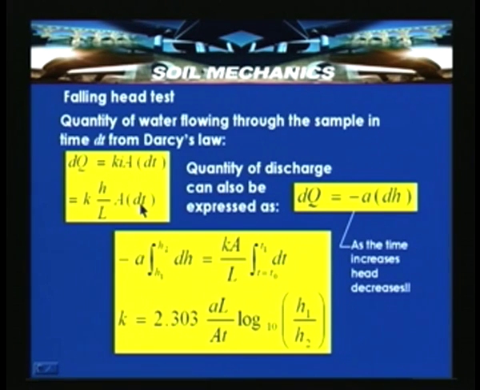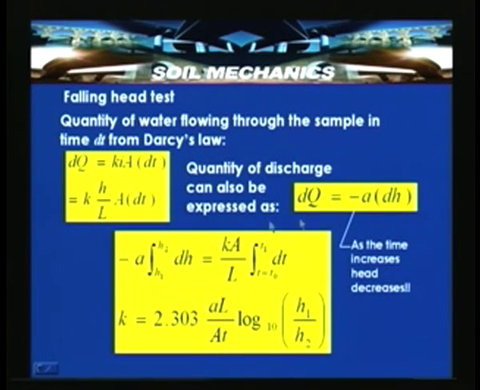This quantity of discharge can also be expressed as minus a dh, where dh is the small drop which has occurred over a time dt. This is negative because as the time increases, the head decreases. So the small discharge dq is equal to minus a into dh, where a is the cross section area of the standpipe shown in the previous slide.